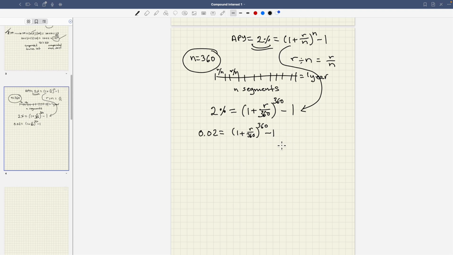We add 1 to both sides of the equality, so it becomes 1.02 equals just the parenthesis by itself, because we get rid of the 1. I got rid of the 1 here because I added 1 on this side and I added 1 on this side. Now we can take the radical with index 360.